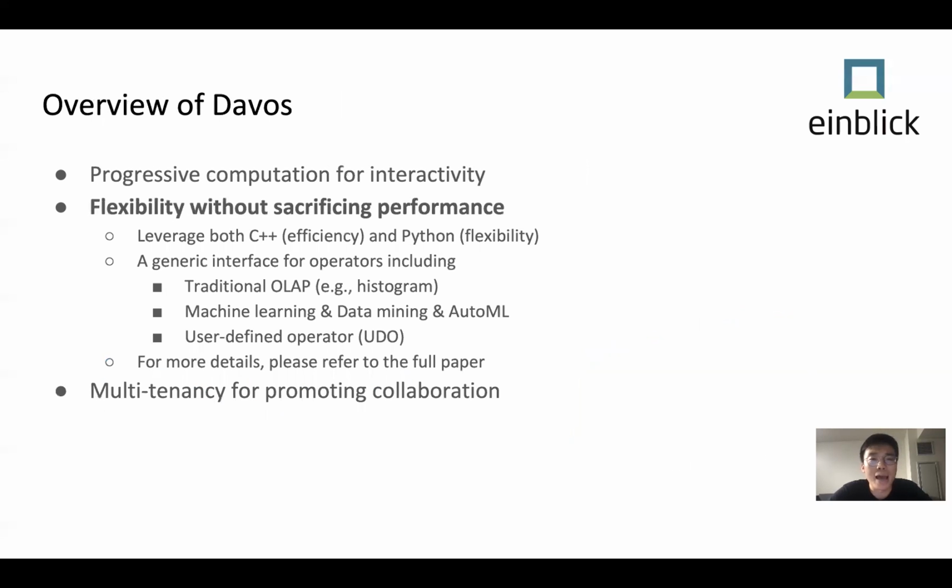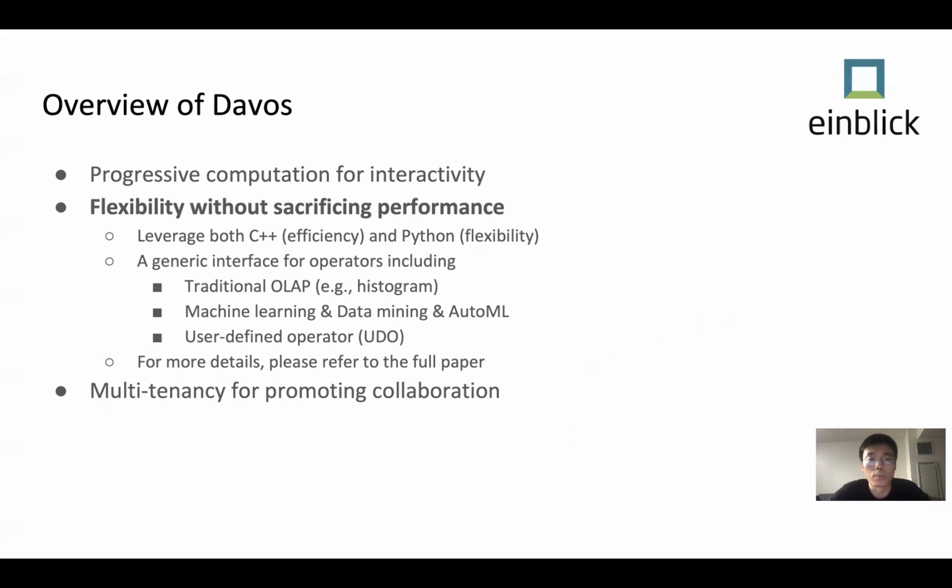The second aspect of Davos is flexibility without hurting performance. We leverage both C++ for efficiency and Python for flexibility when building the system. We design a generic interface for operators, including traditional OLAP operators, like histogram and filter, which are all implemented in C++.